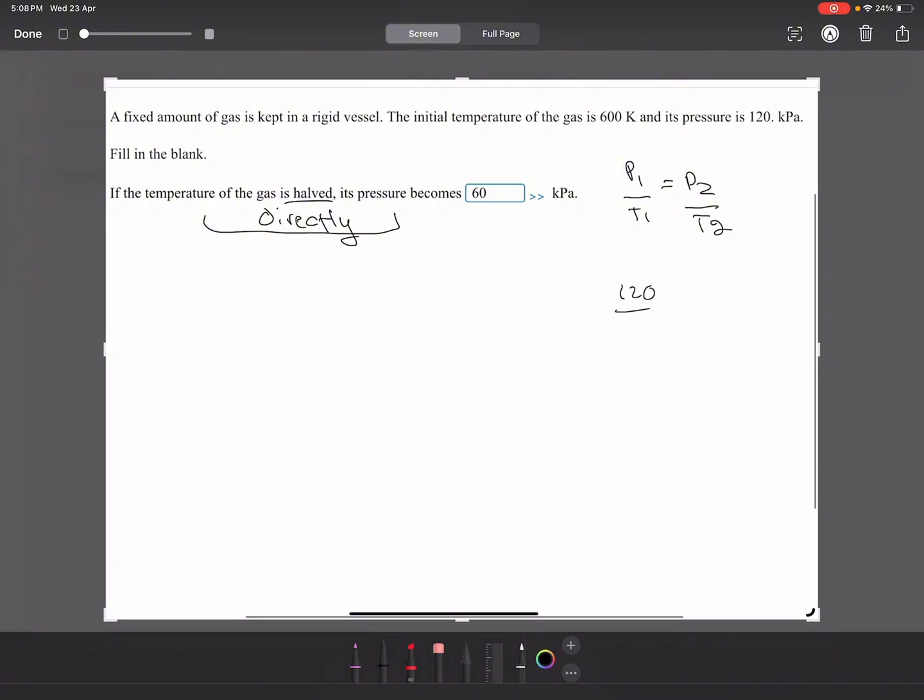Pressure 1 is 120 over 600 equals pressure 2, which we're trying to find, over temperature 2. They said the temperature is halved. So we're going to half 600, so 300. Cross multiply: 120, x equals 120 times 300 over 600. You get x to be 60.